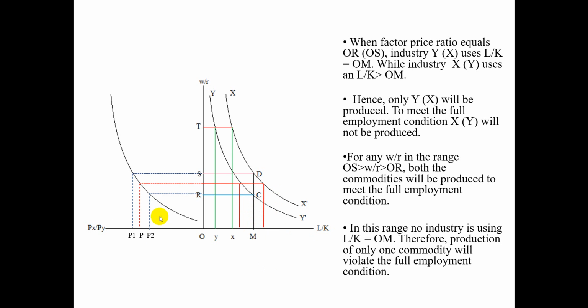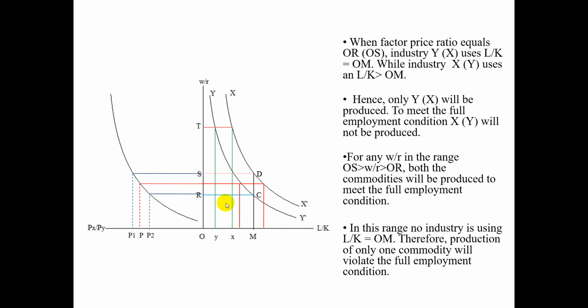So to meet the full employment condition, only Y will be produced, and no X will be produced. Clearly, if the wage rental ratio is equal to OR, then only Y will be produced. Corresponding to this OR, the commodity price ratio will be P2.